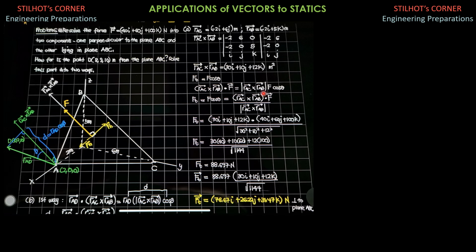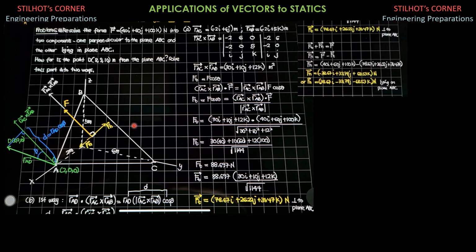Then for the component lying in the plane ABC, we observe here that there are two possibilities for the components perpendicular to that direction. So I'll call that Fn. So one may be in that direction and the other in the opposite direction. So we just focus on this first.